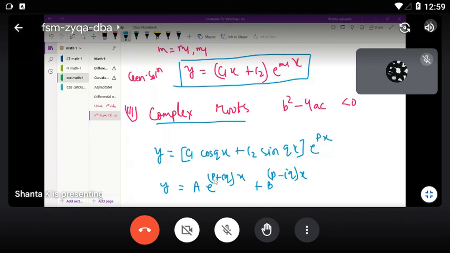If you remember, complex roots occur in conjugates: if a is the root, then a bar has to be the root of the equation. So this is the solution form, and if you use Euler's form, then you will be getting this form.